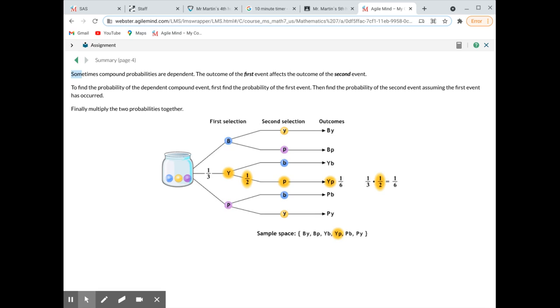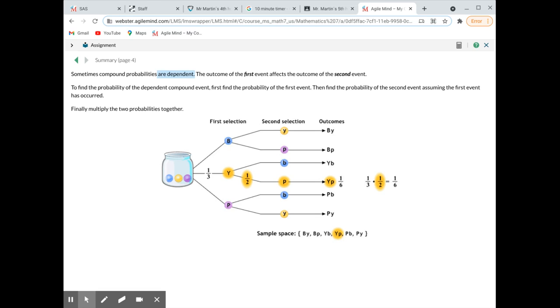All right. So looking at this, anytime we have an outcome of the first event that affects the outcome of the second event, that's called what kind of compound probability? Dependent. All right. What about when the outcome of the first event does not affect the outcome of the second event?